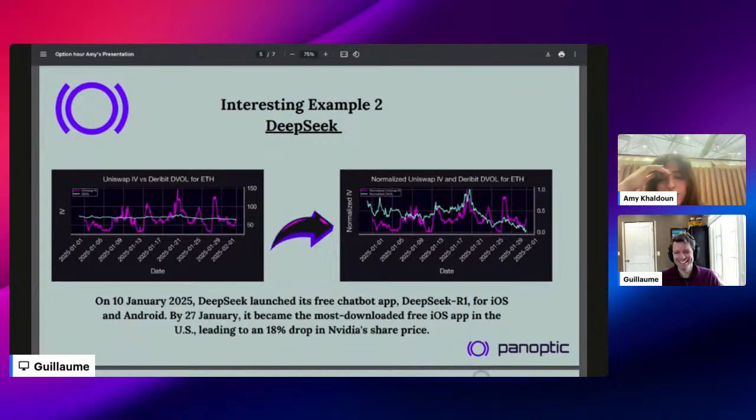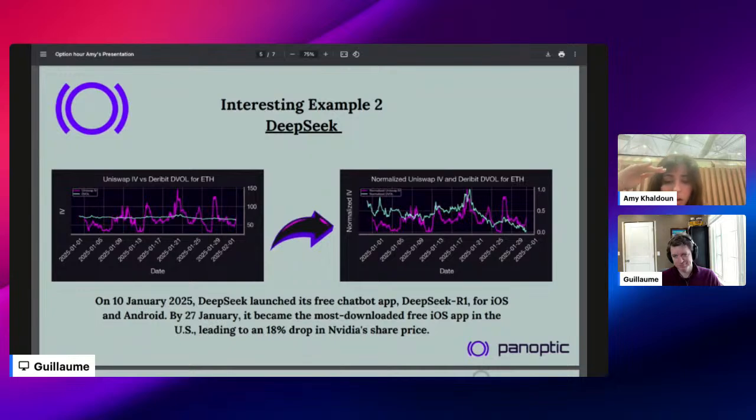What's particularly interesting is how this single event led to an 18% drop in Nvidia share price, which created a bit of a ripple effect in the crypto market. The normalized comparison on the right helps us see how both platforms capture this market uncertainty, though with different intensities and durations.